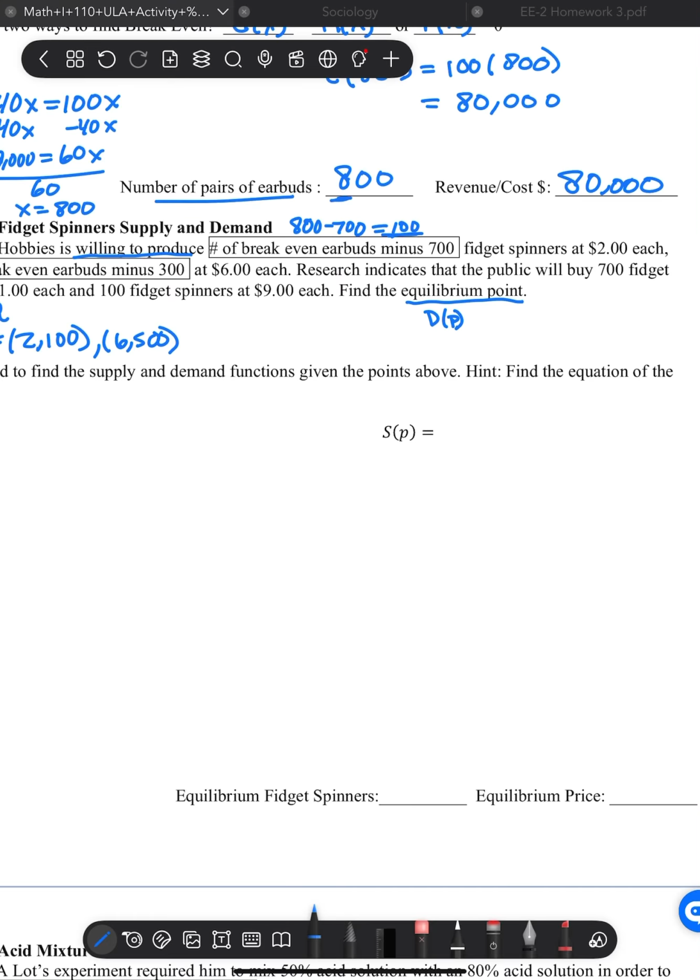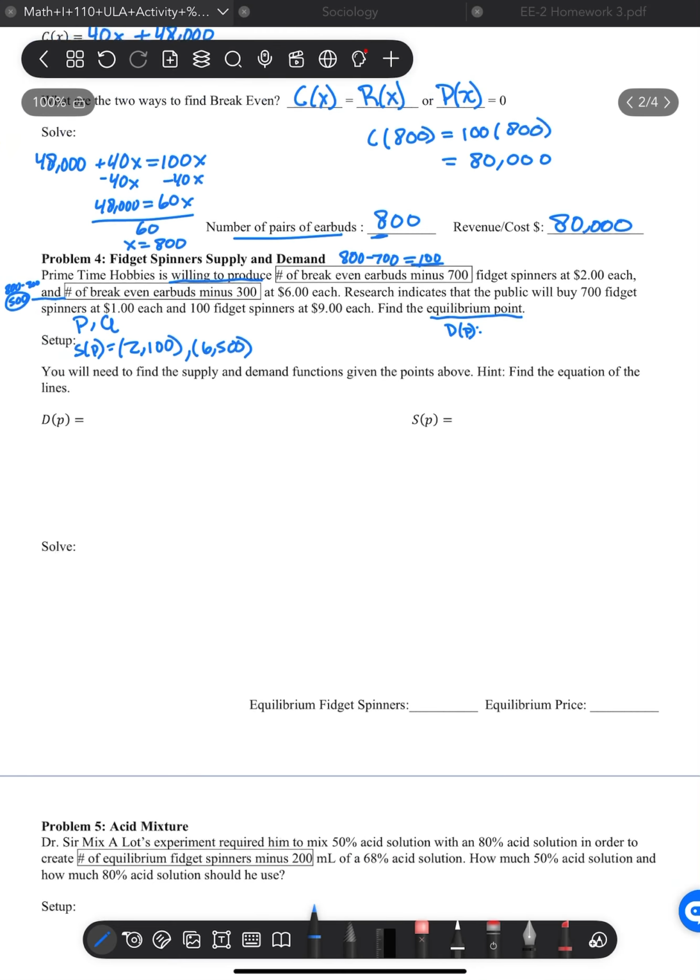So our demand has a point of 700 for $1. So our price is $1 and our quantity is 700. And our next point we have is 100 fidget spinners and $9. So $9 and 100.